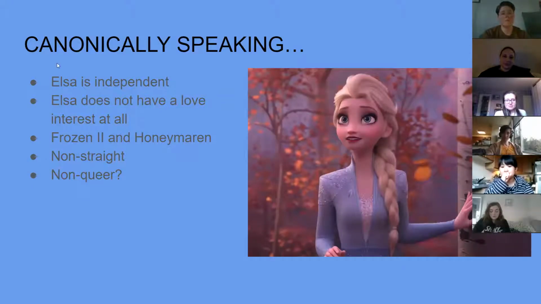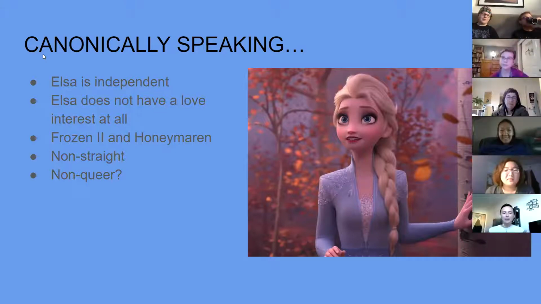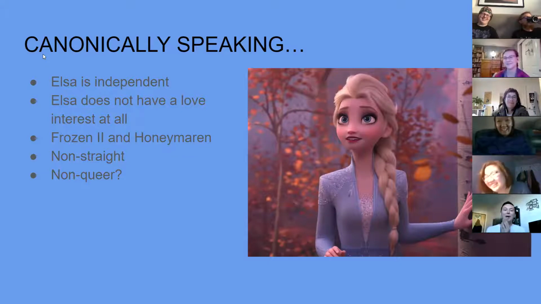So if we're looking at Frozen, Elsa, especially in Frozen 2, I don't know if anyone has seen it yet, but she does not have a romantic love interest at all. But in Frozen 2, we meet a character named Honeymaren, who Elsa meets at the campfire, which is exactly how her sister Anna and the guy with the reindeer also meet, in a very similar way.